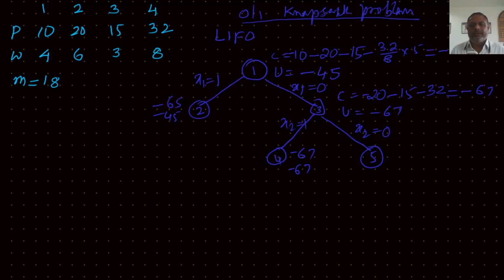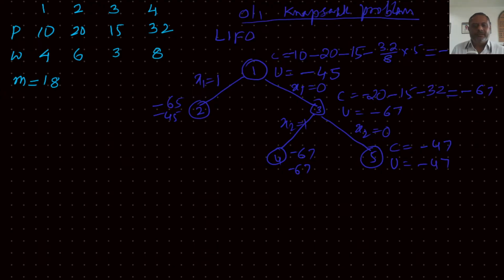Only the right child will change. So x1 not used, x2 not used, then we are left with only x3, x4. The total size is 11, which means there is no fraction. So that makes minus 47, and this u is also minus 47.